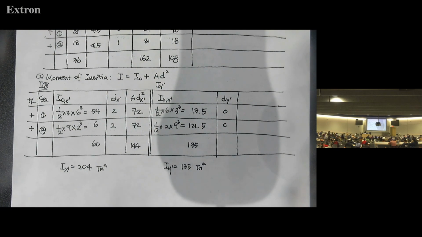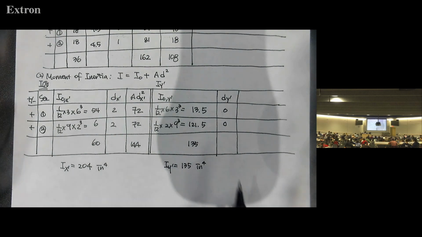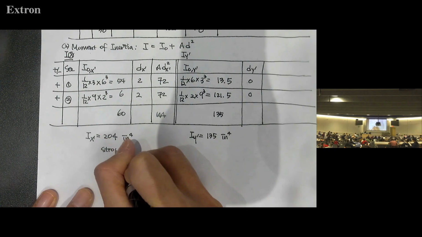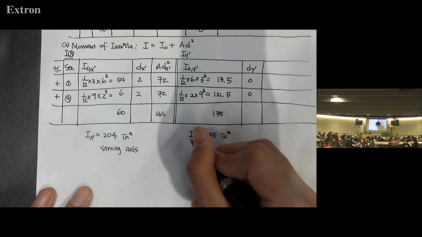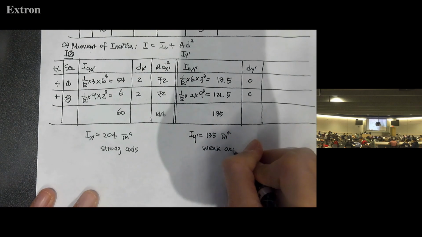Any questions? So we calculated the moment of inertia about the centroidal x-axis and the centroidal y-axis, and which one is higher? X prime. So x prime is called the strong axis, and y prime or the y-axis is called the weak axis.